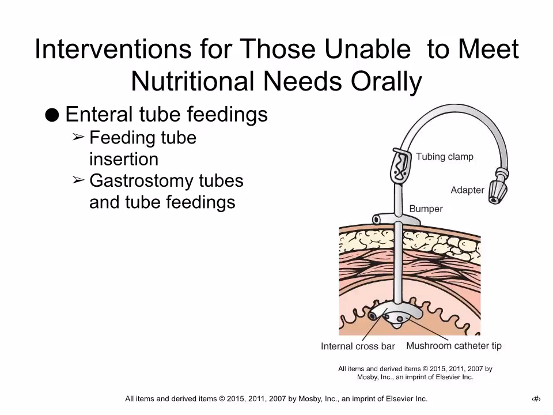Before starting any feeding, the national gold standard, established through research, for determining tube location inside the patient's body is radiographic confirmation.